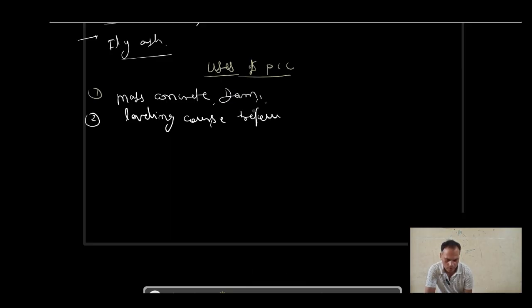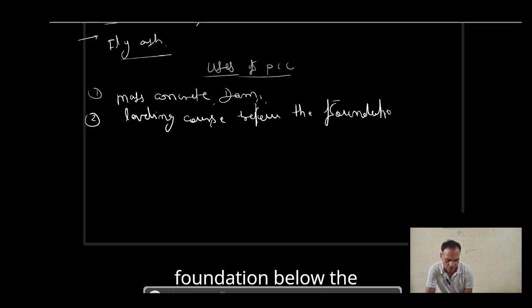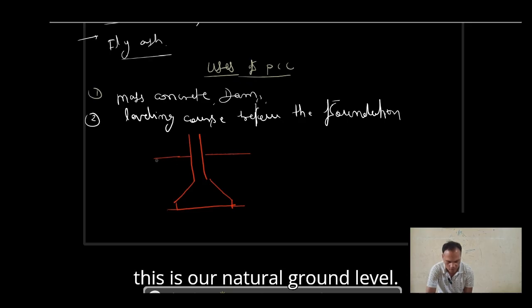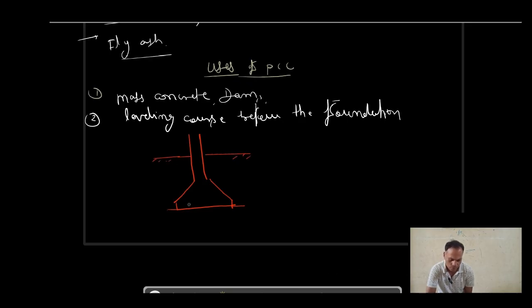Below the foundation, let us suppose this is the column, and below this column, this is our natural ground level, this is the footing foundation, and below this natural ground level, this is our PCC.